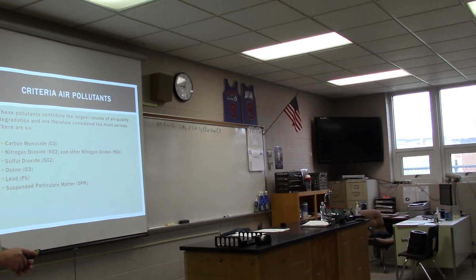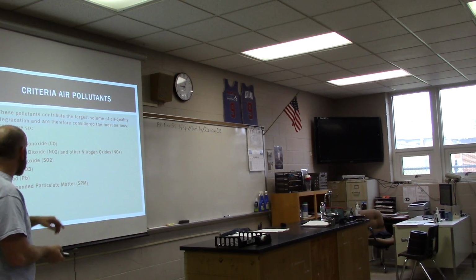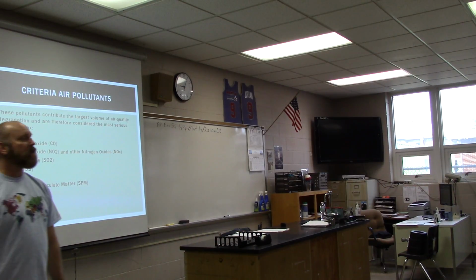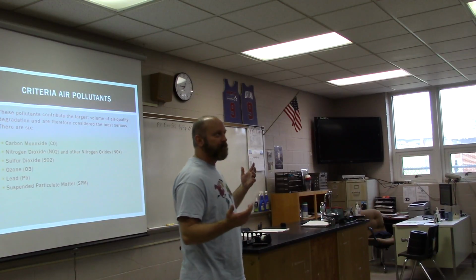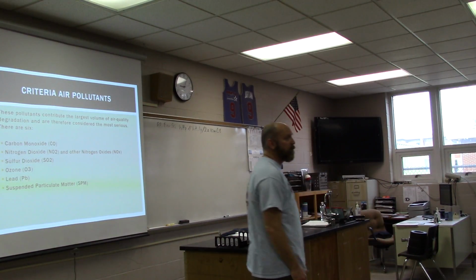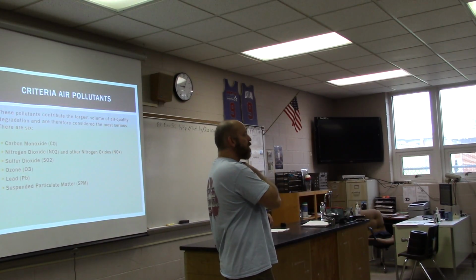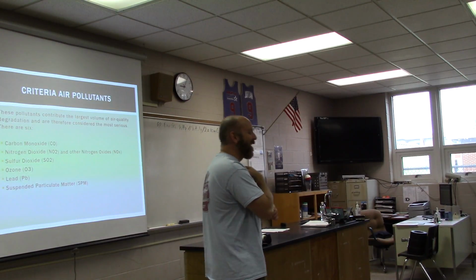It's bad because, and by the way, this was a test question one year, the smaller these suspended particulate matter is, the more dangerous it is. Because if y'all remember from anatomy and physiology or biology or 7th grade life science or whatever, your trachea, your wind tube, what's it called? Windpipe, thanks.